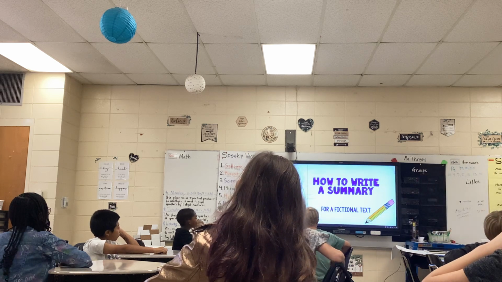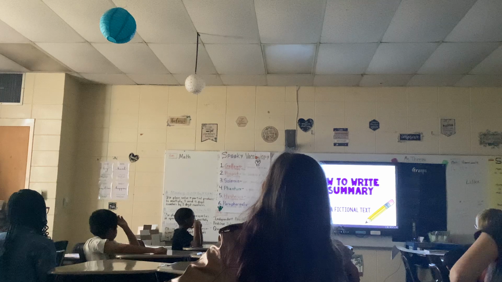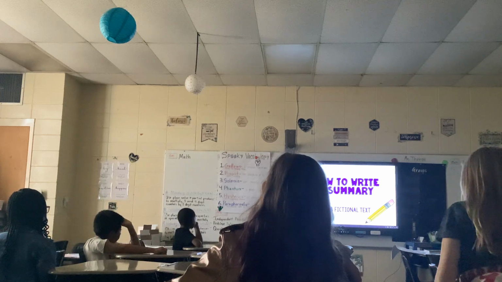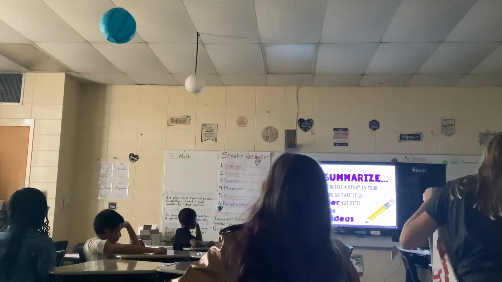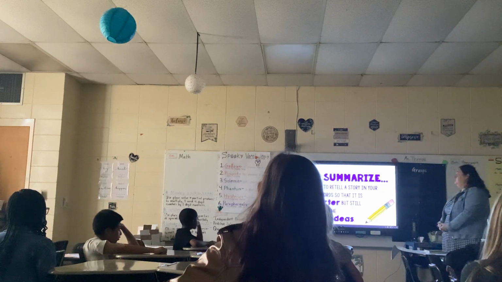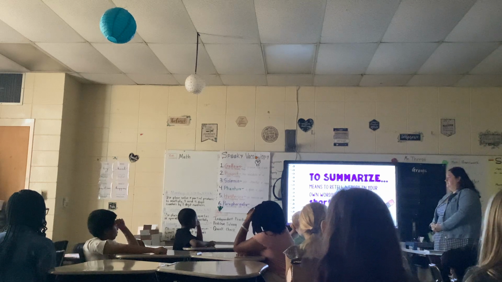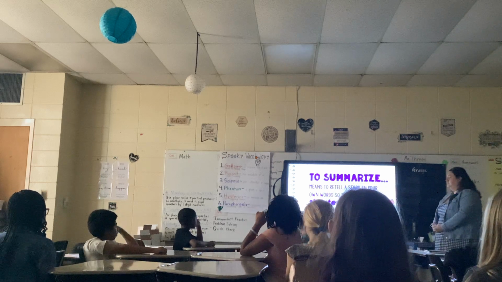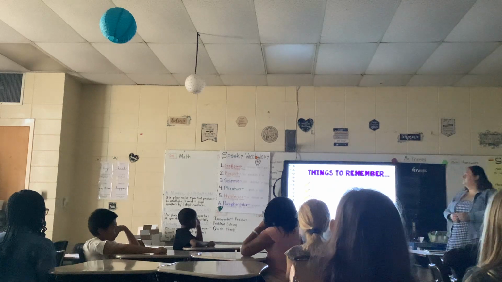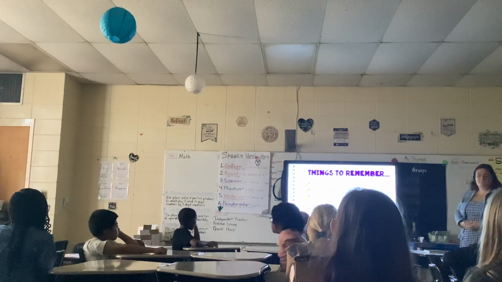Today, I want to talk to you about how to write a summary for a fictional text. To summarize means to retell a story in your own words so that it is shorter but still includes the main ideas. Here are some things to remember as you write your summary.